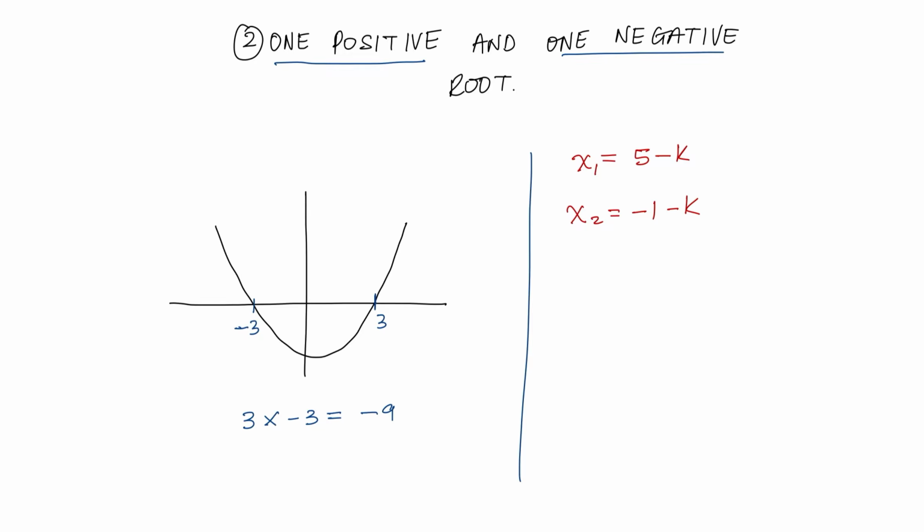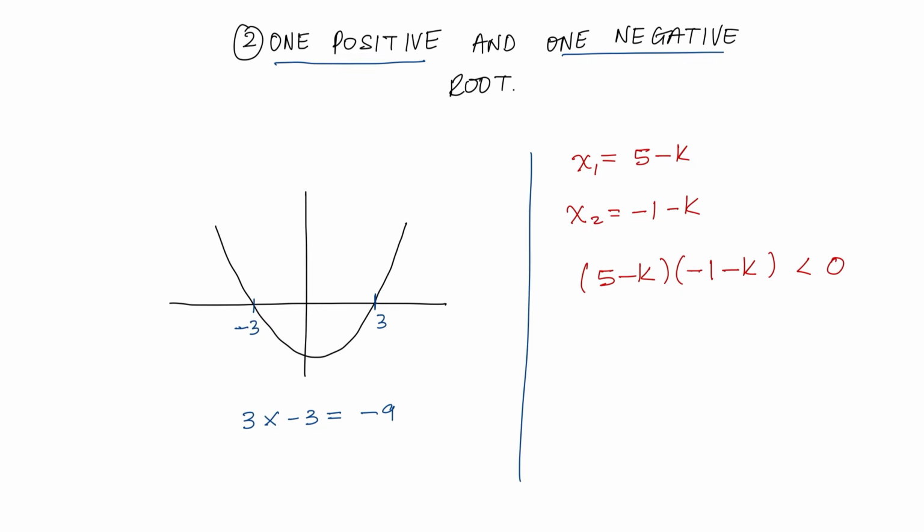If these are the roots of this function, or we can say the x-intercepts of the function, to calculate the values for k, we need to set the product of these roots to be negative. So we can say that 5 minus k multiplied by minus 1 minus k is going to be negative. Now it's a matter of solving like how we would solve a normal inequality.